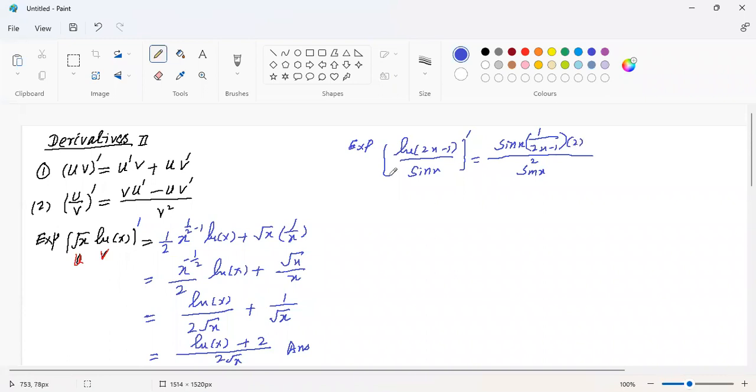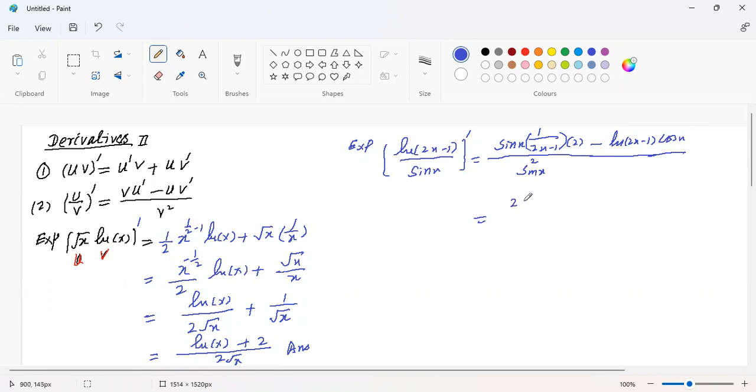Then we get minus, because there is a negative between them in the formula, so we write the negative here and then keep this ln of 2x minus 1 as it is and find the derivative of sine, which is equal to cosine of x. So we completed the derivative and then simplify in one or two steps.